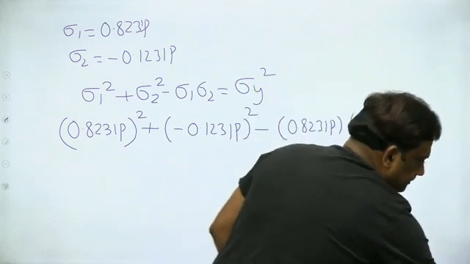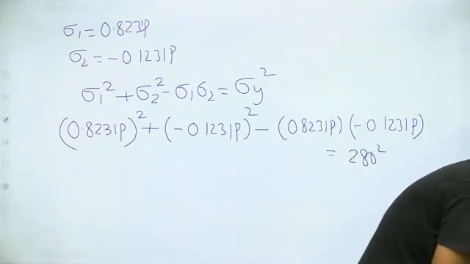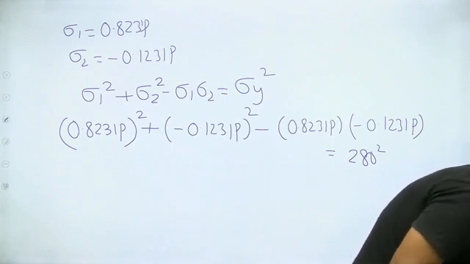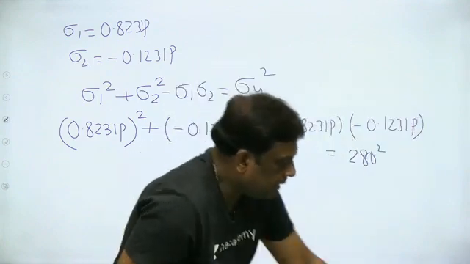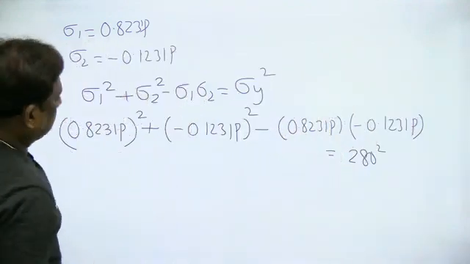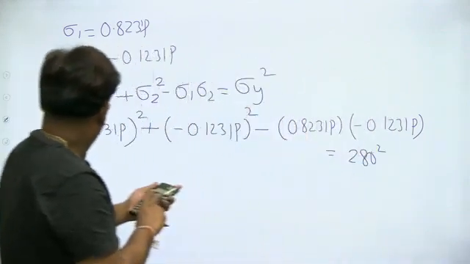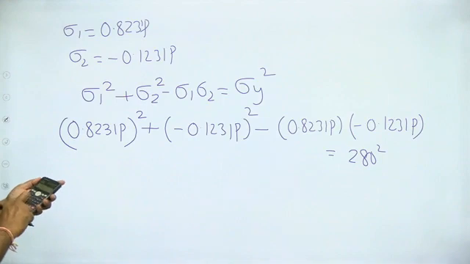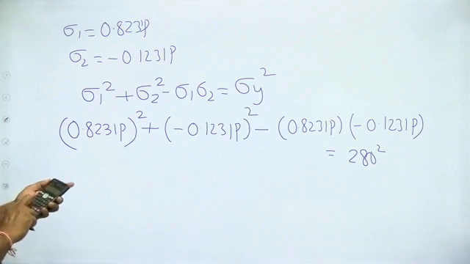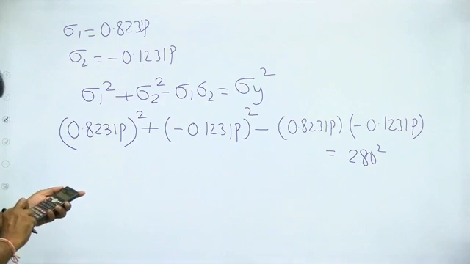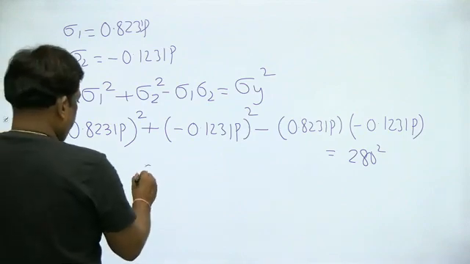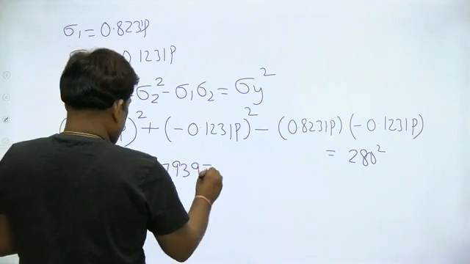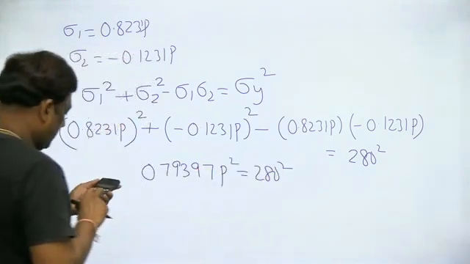Now let's calculate this. 0.8231 square plus 0.1231 square, plus 0.8231 into 0.1231. So this comes to 0.79397 p square is equal to 280 square.